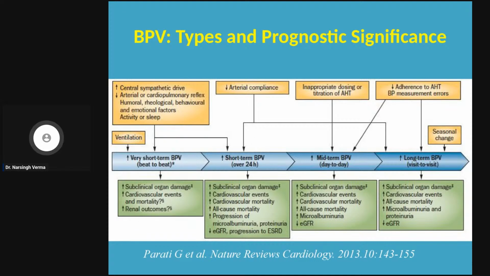So this is basically because of arterial compliance, and then comes the midterm variability, and again you see how day-to-day variability is important, and then comes the long-term variability. Here subclinical organ damage up to eGFR and the seasonal changes. So all types of variability have a relationship with mortality and morbidity.